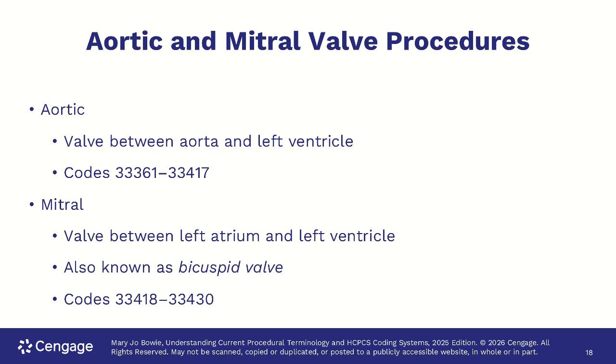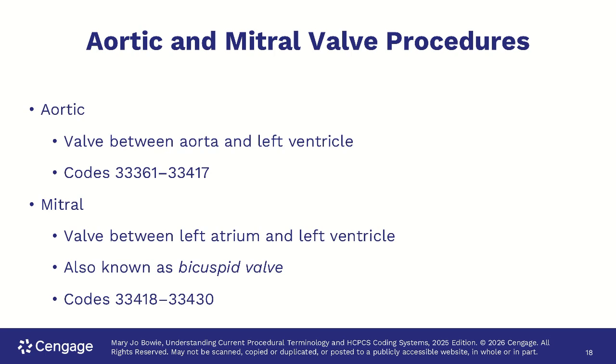So, these codes are differentiated by what they are actually doing on the valve and how they are doing it. There is some extensive notation that appears before these codes that talks about the work that is involved.